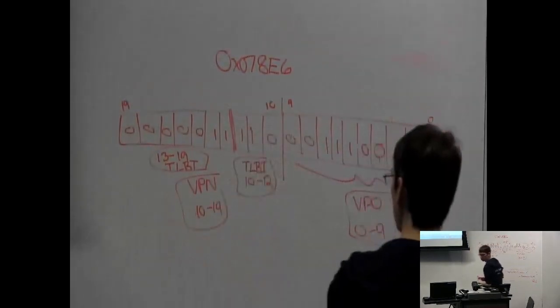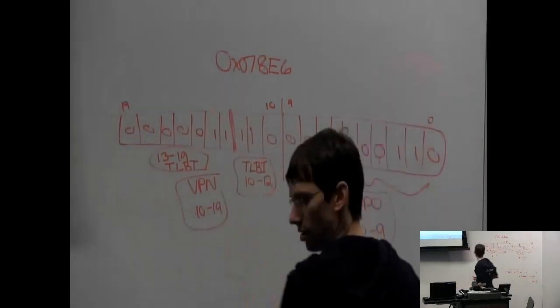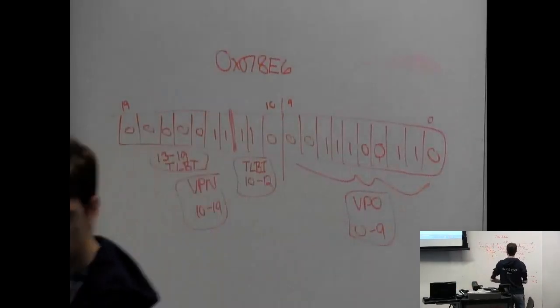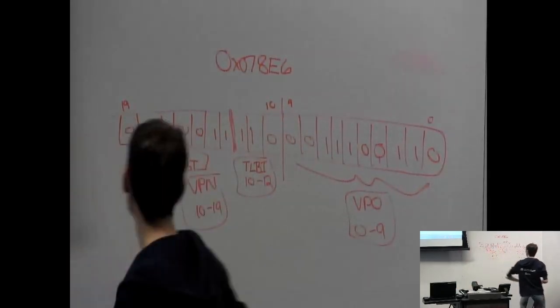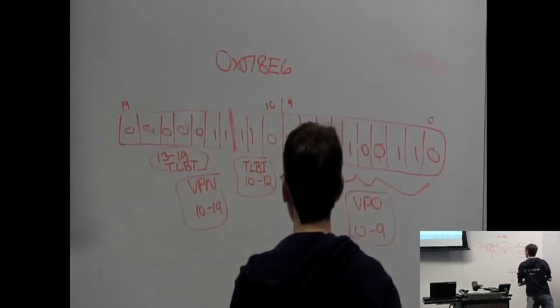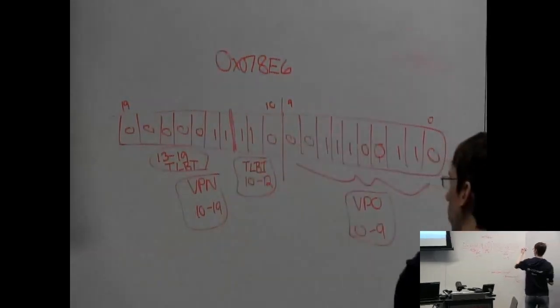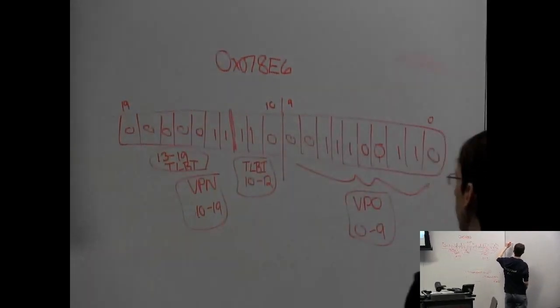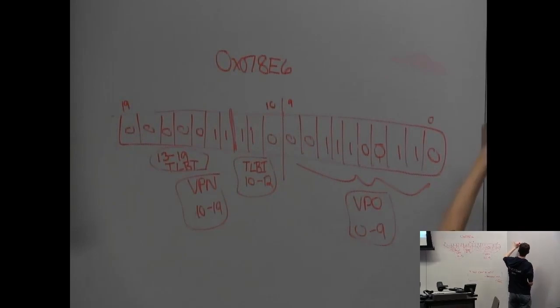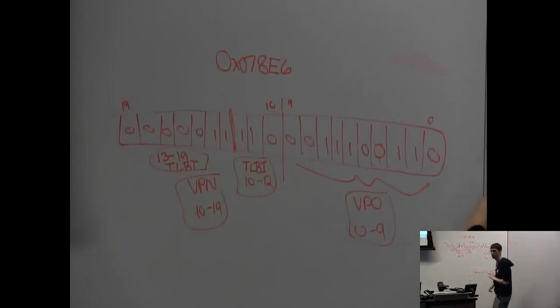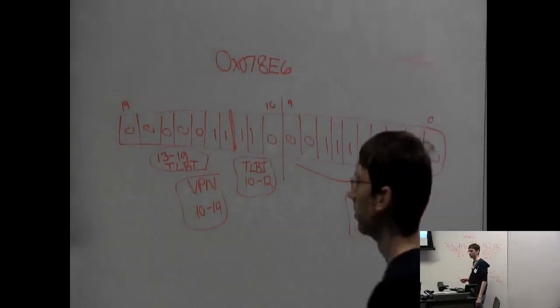I think it wants us to put it in hex. Yeah, it wants us to put it in hex. Now we have to translate this part of the number back into hex. Okay, so we've got 1110. What's 1110? That's just E, right? You should be able to do these translations quickly.